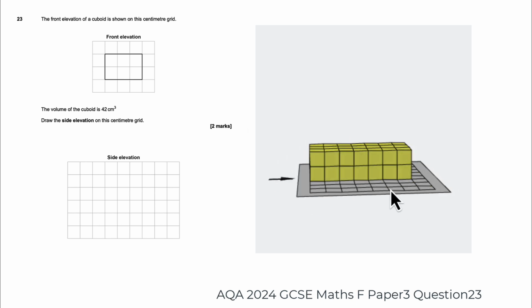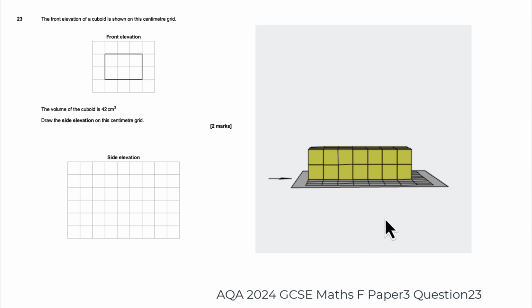So that's the side elevation that they're after. So let's draw that in now. Seven along, and 2 up, a rectangle.